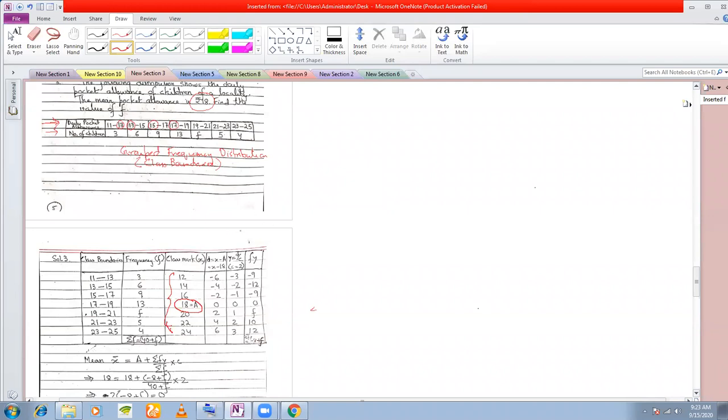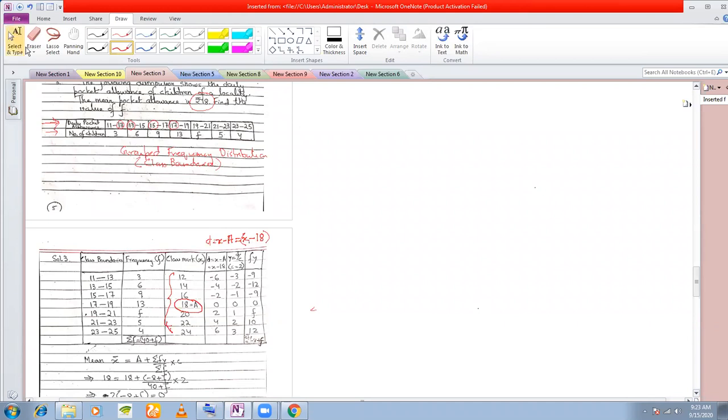The next column that I have made here is for d is equal to x minus a. I have calculated the deviations about the assumed mean, which is 18. So d is equal to x minus 18.